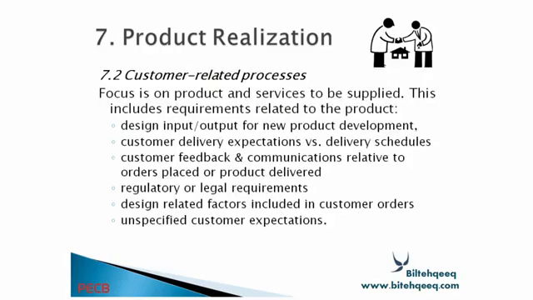Customer related process 7.2. Focus is on product and services to be supplied. This includes requirements related to the product, design input, output, for new product development, customer delivery expectations versus delivery schedule, customer feedback and communication relative to order placed or product delivered, regulatory or legal requirements, design related factors included in customer orders, unspecified customer expectations.